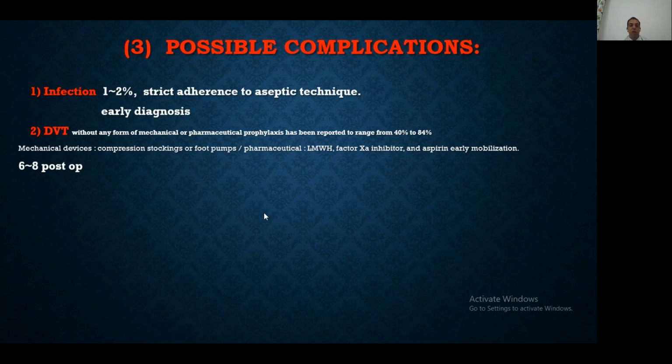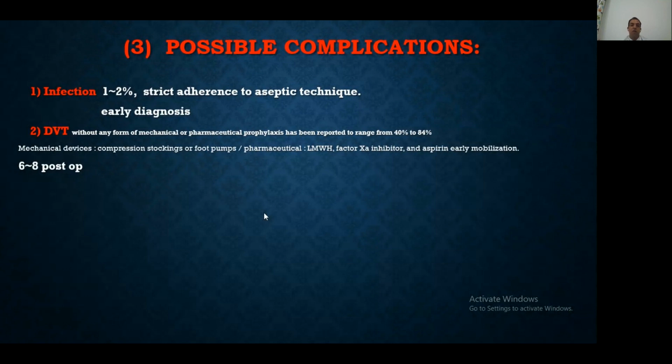You have to start a chemical anticoagulant 6 to 8 hours post-operatively. Never forget to give DVT prophylaxis as soon as possible after the operation. You can give low molecular weight heparin, you can give factor Xa inhibitors, which are very commonly used nowadays.